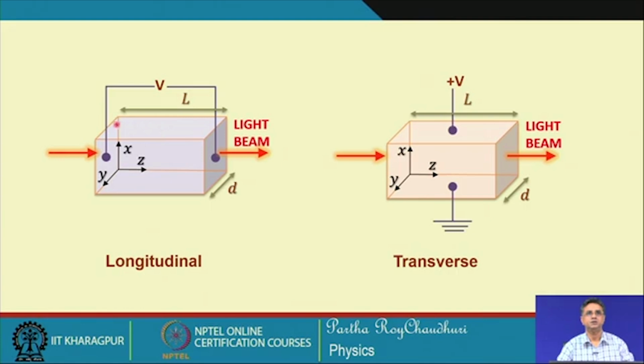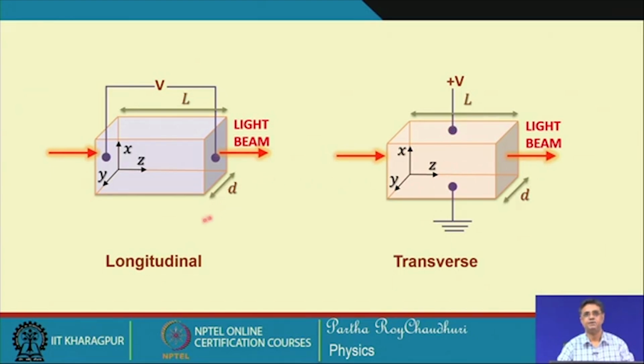So, this is the configuration for longitudinal mode of operation. You can see this is your x, y and z. You apply a voltage along the direction of propagation of the light beam. In the transverse case, the electric field that we apply across the crystal is in a direction perpendicular to the direction of propagation of the light field.